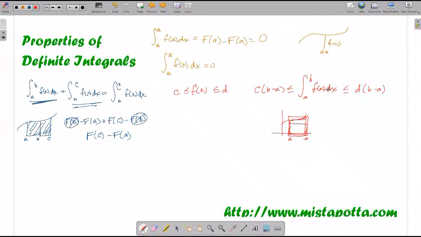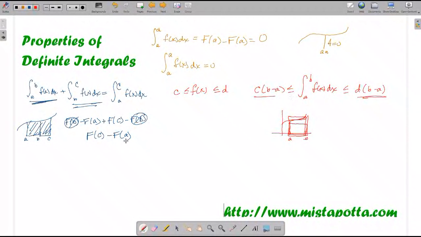So these areas must lie in this order as well. I've got my largest rectangle here, I've got my smallest rectangle here, and my definite integral must be between this overestimate and this underestimate.